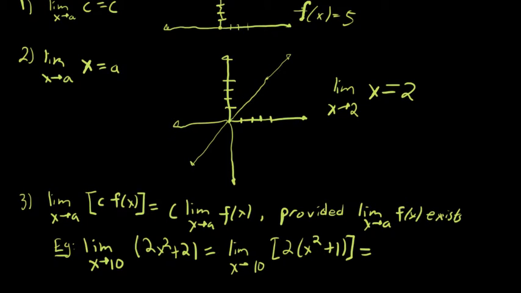And the property says you can pull out the 2 in front of the limit and evaluate the limit as x tends to 10 of x squared plus 1 and just multiply that limit by 2 in order to get the limit as x tends to 10 of 2x squared plus 2. So if you plug in 10, 10 squared is 10 times 10, that's 100, plus 1. So you have 2 times 101, that's 202.